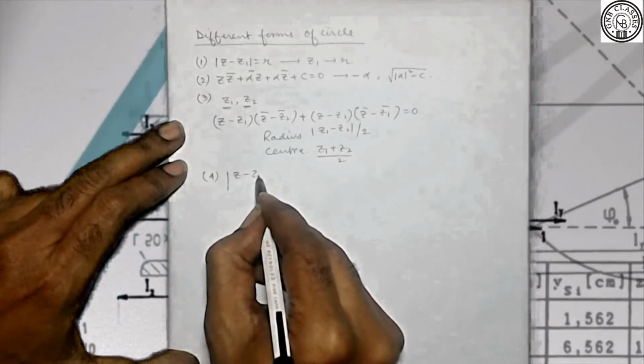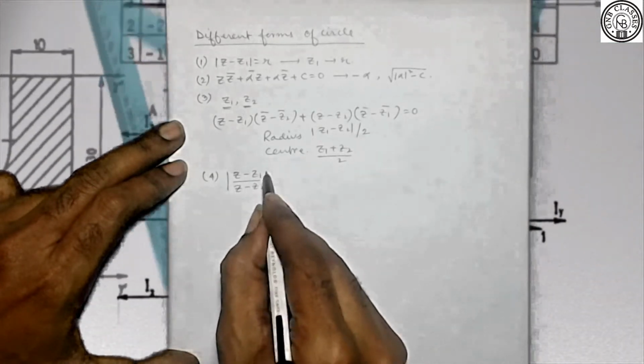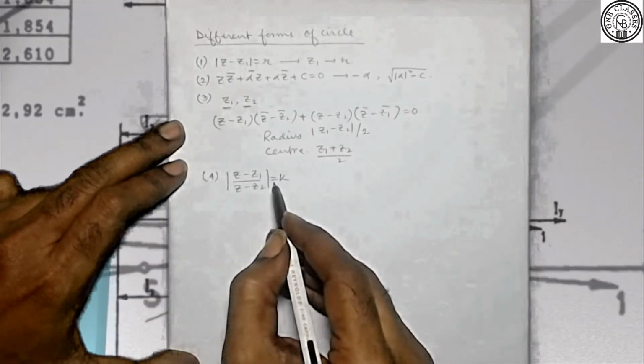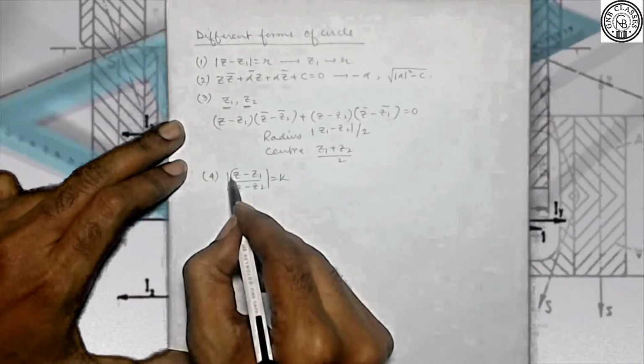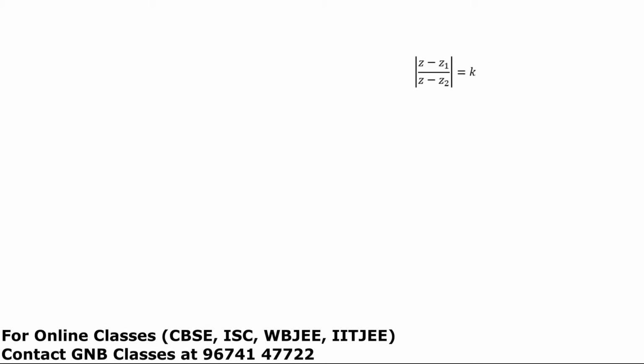Now let us learn. If an equation is given something like this, mod of z minus z1 by z minus z2 equals k, let us try to find the locus of point z on an Argand plane. Now we have to find the locus of mod of z minus z1 by z minus z2 equals k. z1 and z2 are two fixed points.